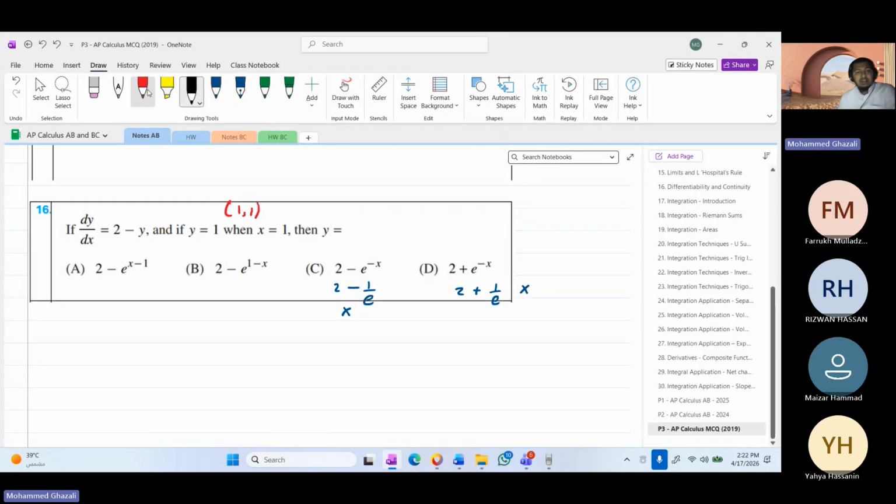Now the next part is how do I check the differential equation? So remember, this is a function y equals 2 minus e to the power x minus 1, right? I can go and integrate it, but I'm not doing that. Because obviously you can do separable differential equation. Oh, no, it's first order. Wait a minute. Yeah, this is something else.